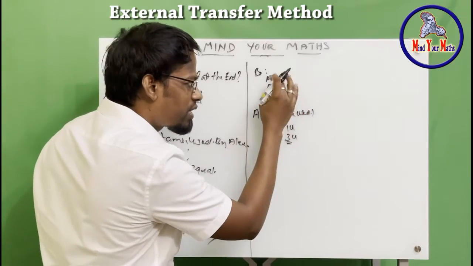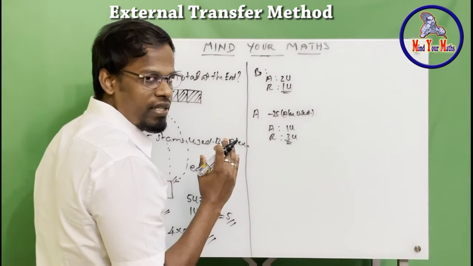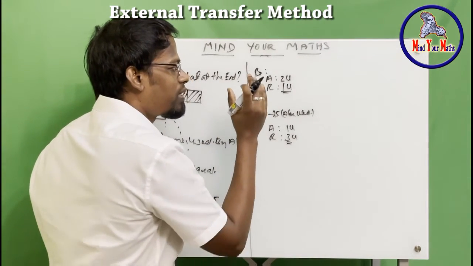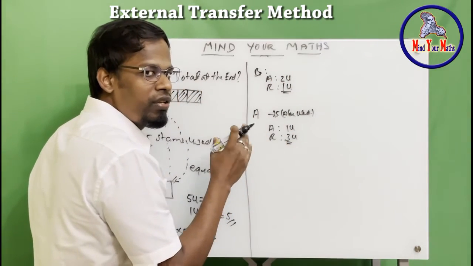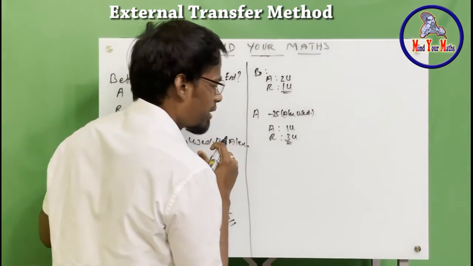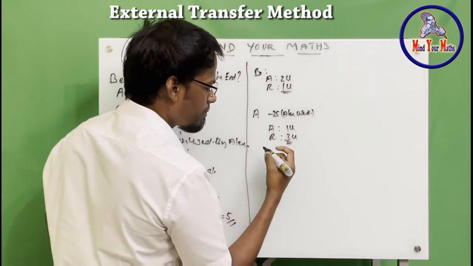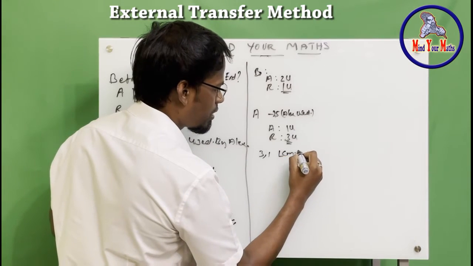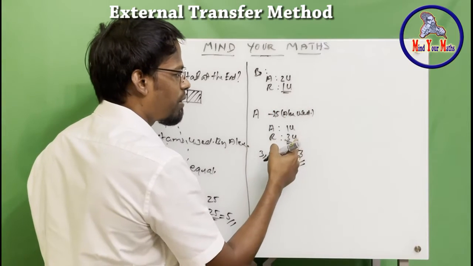Whatever is the same between before and after, for that unit you need to take the LCM. Just keep that in mind. Now for 3 and 1, what is the LCM? It is 3.